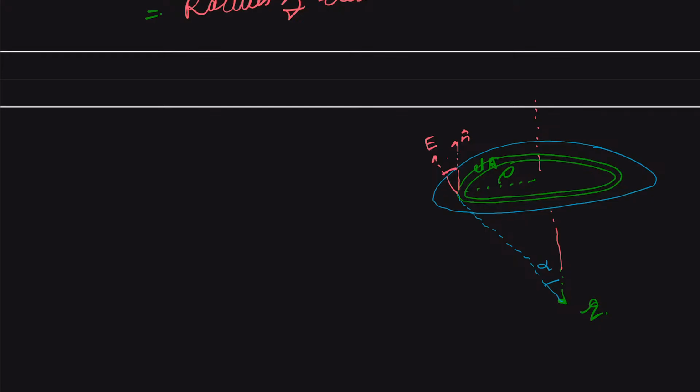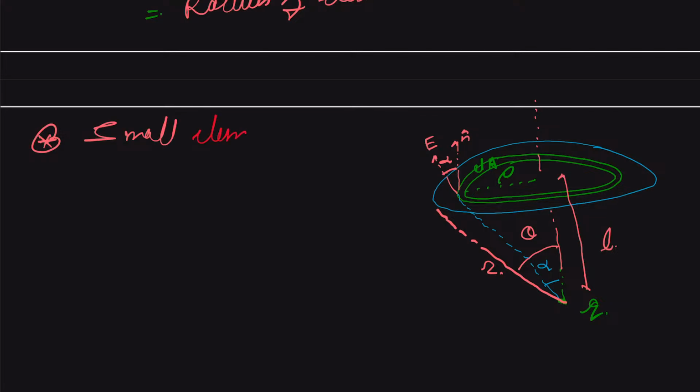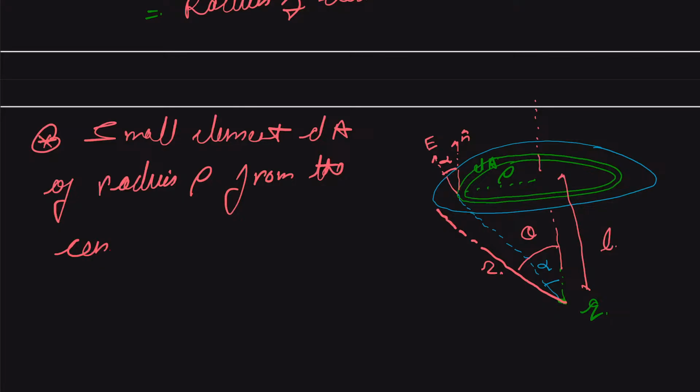So obviously this angle will also be alpha, and we already know that the original disk is making an angle of theta, and this distance is r, and this is fixed, that is L. So we considered a small element dA, and let us suppose this small element dA is having a charge dQ, of radius rho from the center of the disk.